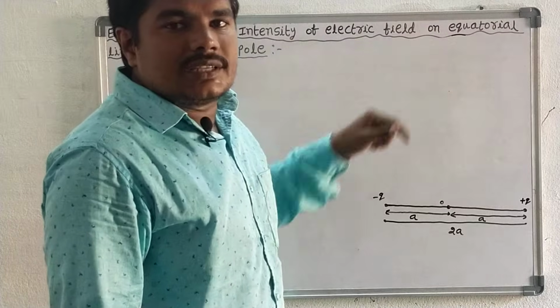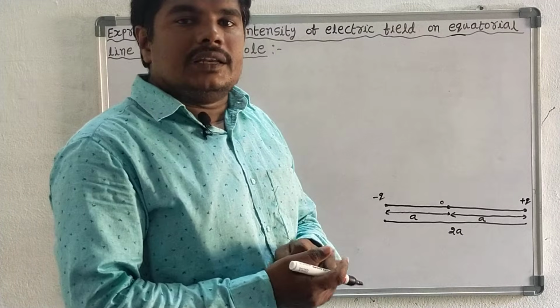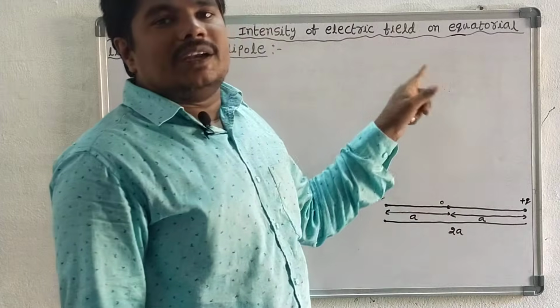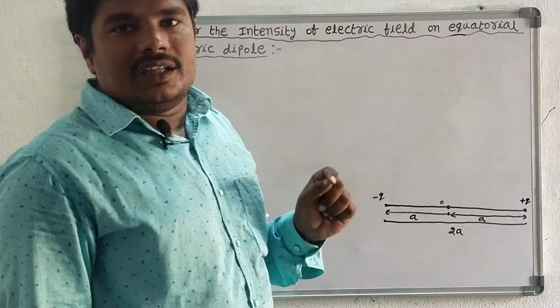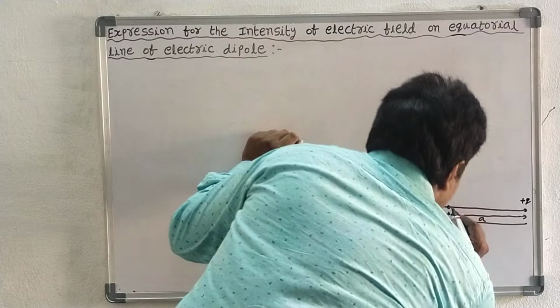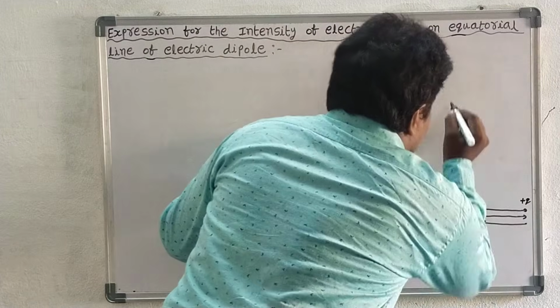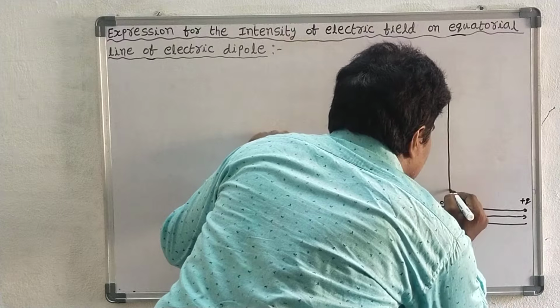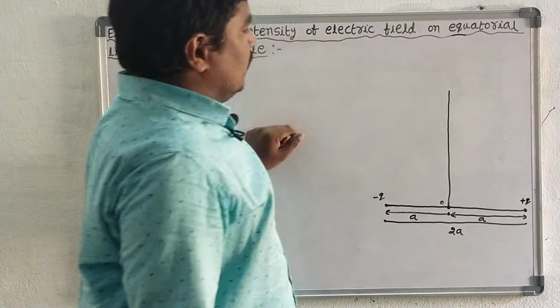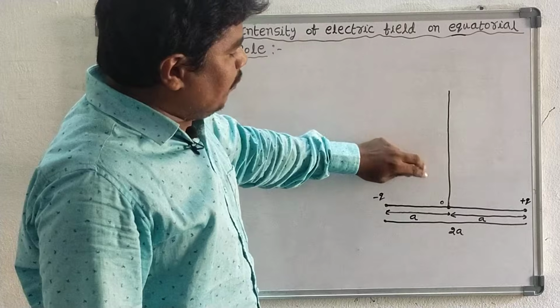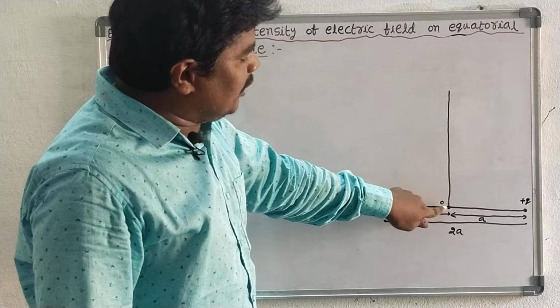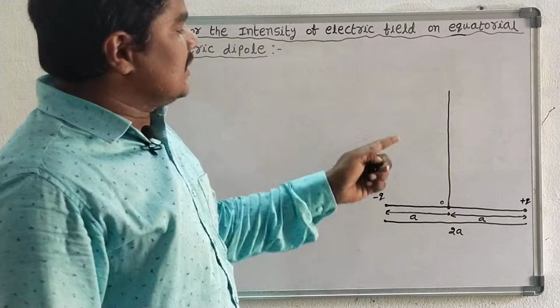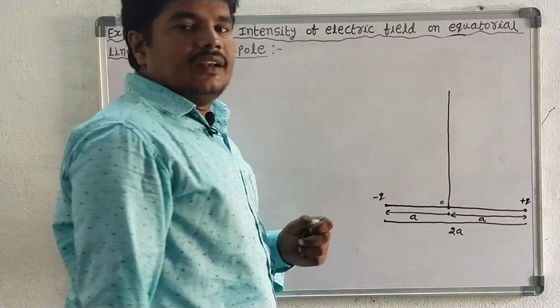Equatorial line means the perpendicular line passing through the midpoint of the dipole is called the equatorial line. So this is the equatorial line.